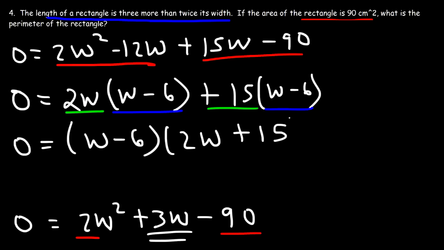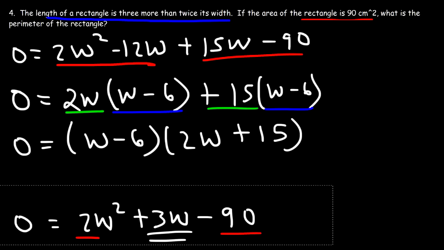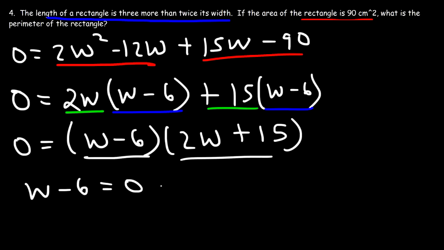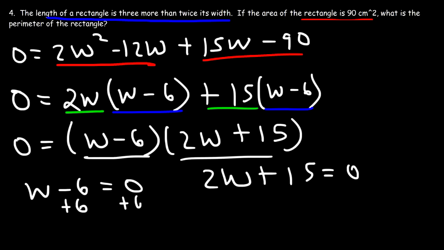At this point, we can now calculate the value of w. We need to set each factor equal to 0. So w minus 6 equals 0, and 2w plus 15 equals 0. Here we need to add 6 to both sides, so we get w is equal to 6.